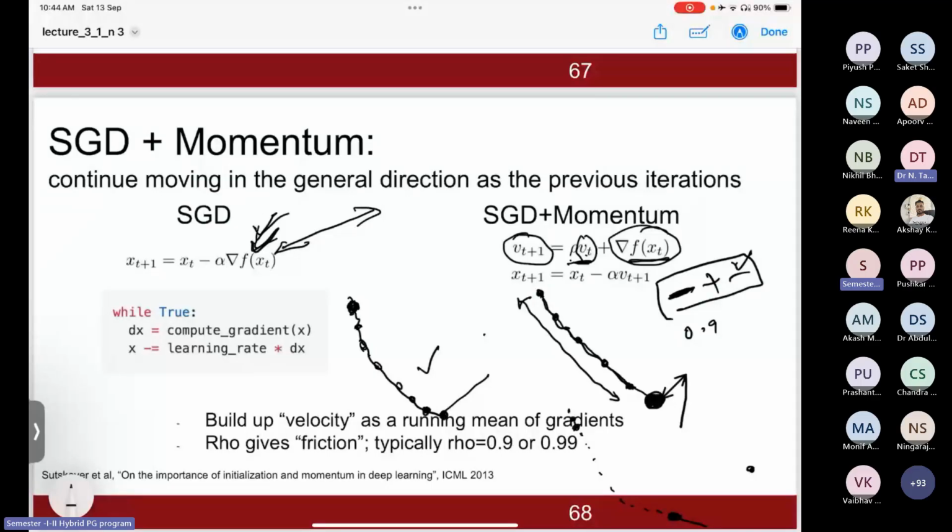It's just giving more weightage to the recent past and less weightage to the old past batches, because every time you are multiplying with 0.9. If I write 0.9 into Vt plus the gradient del f xt, then next time it will be Vt plus 1, and again next time we will have Vt plus 2 equal to rho of Vt plus 1 plus again del f xt.